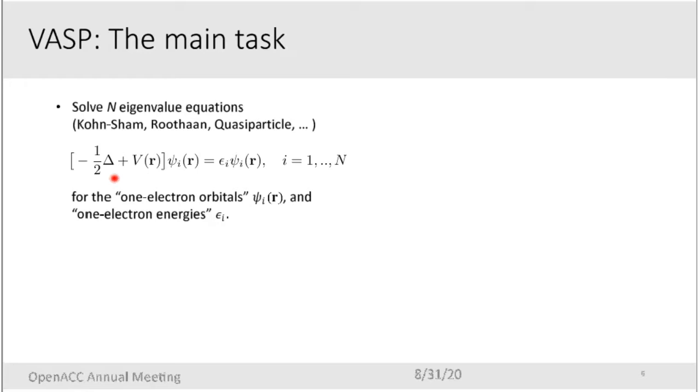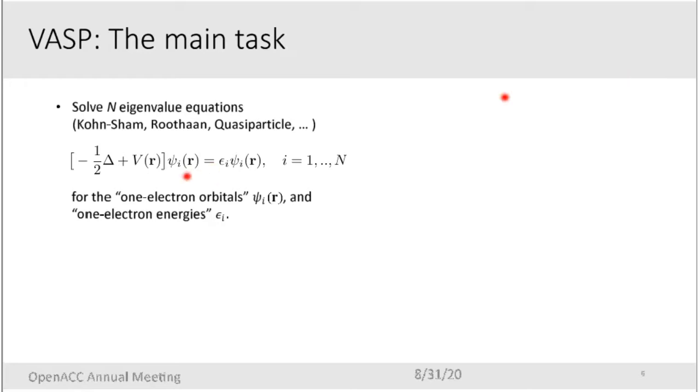We solve these eigenvalue equations for the one-electron orbitals psi and the one-electron energies epsilon here. And basically the work and the data that is involved is distributed over MPI ranks. That would have been on this side of the slide, but somehow that has dropped off.